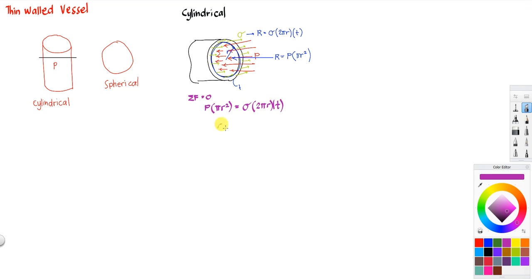So the stress would become equal to P pi r squared all over 2 pi r t. Cancel si pi, cancel si r, and then the circumferential stress we will be having here is PR all over 2t. So, this is called the circumferential stress.